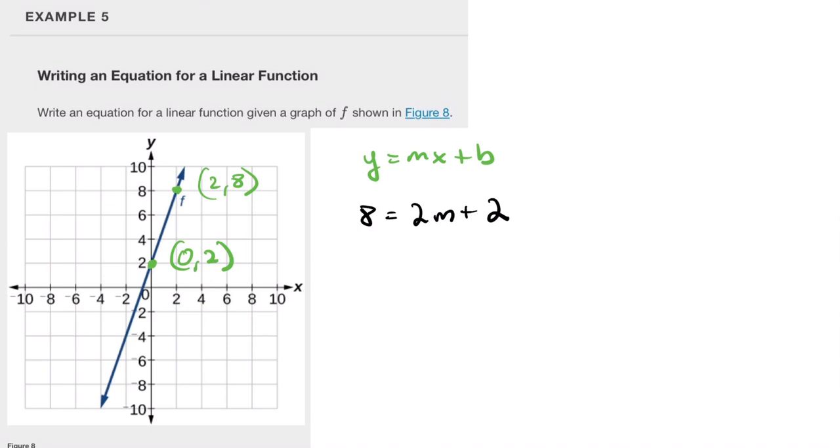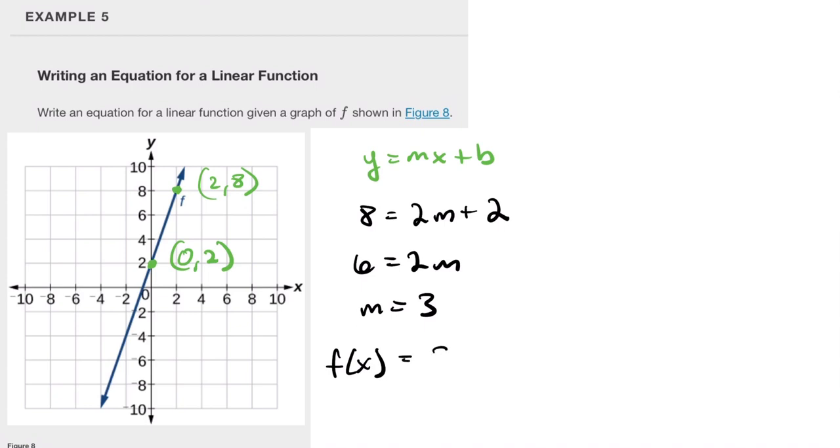Subtract 2 on both sides. 6 equals 2m. Divide both sides by 2. Ultimately, we'll get m equals 3. So we got that the slope was 3. Then our function, and you'll see me use f of x interchangeably with y. Sometimes I'll write it as y, but I think the text is going to write it as f of x, so that's the only reason I switched it.